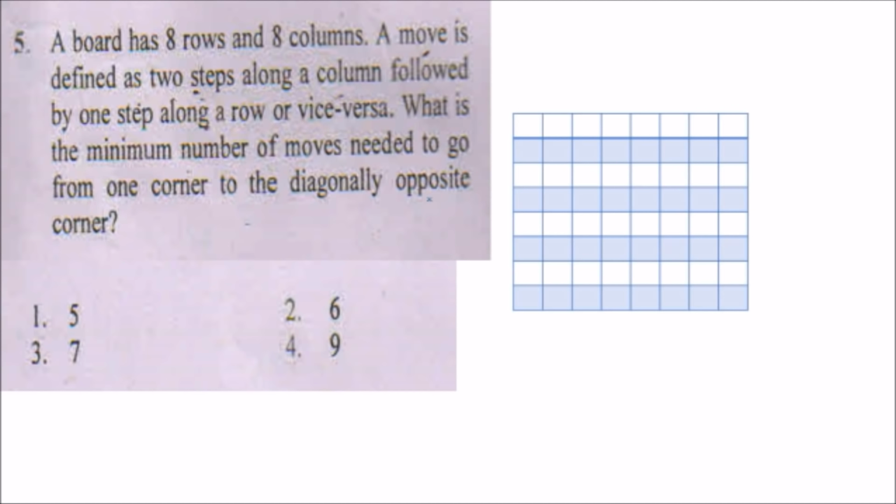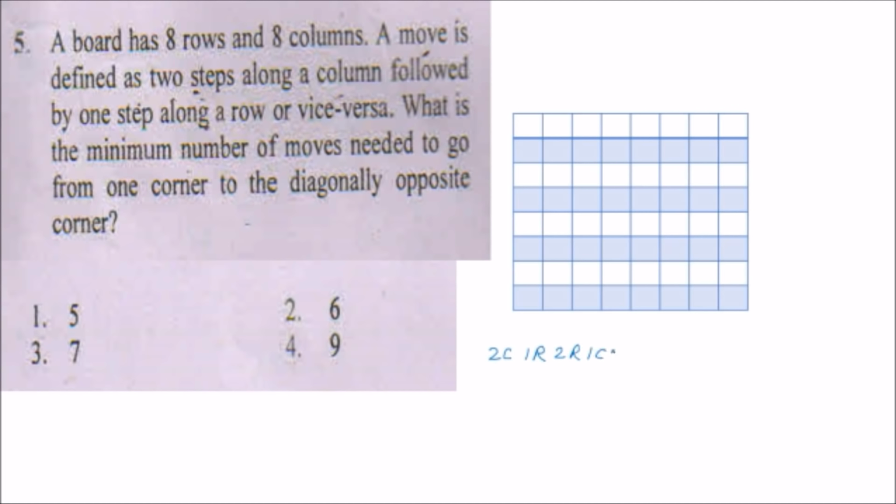The next question is very tricky. A board has 8 rows and 8 columns, and a piece moves as defined: 2 steps along a column followed by 1 step along a row, or vice versa. It means in one move it will go 2 columns and 1 row, or vice versa, and the next move it will follow 2 rows and 1 column.